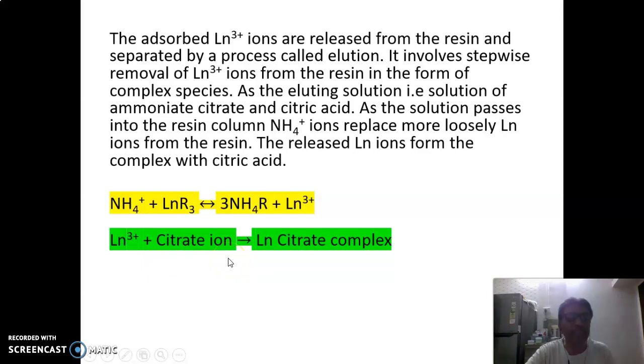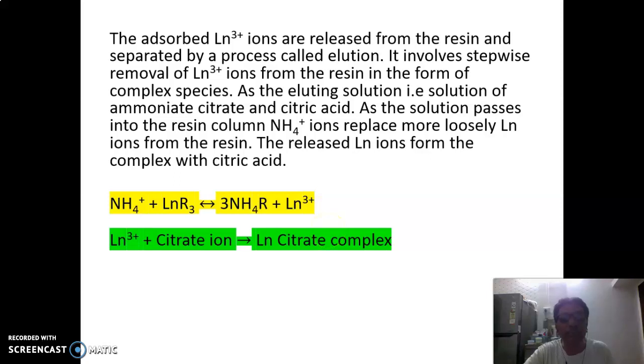It has oxygen atoms as the donor atoms, so it forms a stable complex with the lanthanon ion. The lanthanon ion released from the resin, that is lutetium tripositive ion, first forms a complex with the citrate ion. So a lanthanon citrate complex is formed. This is a very important step.